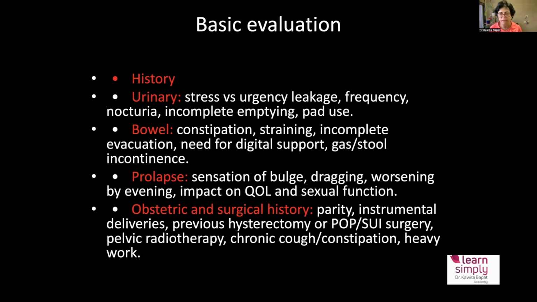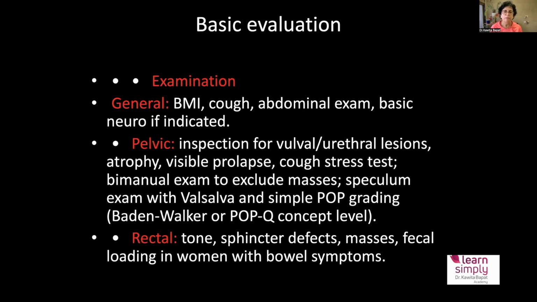Obstetric and surgical history: parity, instrumental delivery, previous hysterectomy, then POP and SUI surgeries, pelvic radiotherapy, chronic cough, constipation, and heavy work. Now, during the examination, in general examination, we should know the BMI. If there is a history of cough, then cough, abdominal examination, basic neuro if indicated.